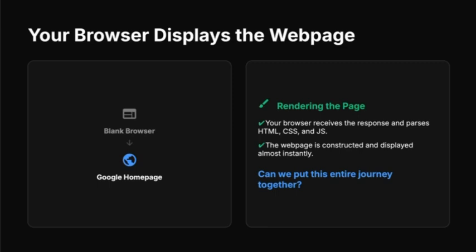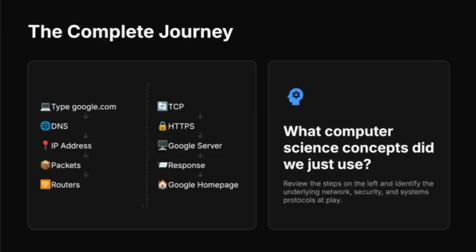Now, let's put everything we've learned together. Let's take one final look at everything we've just covered. It all started when we typed google.com into the browser. DNS helped us find Google's IP address. With the destination known, our request was broken into packets and sent across the internet through routers.